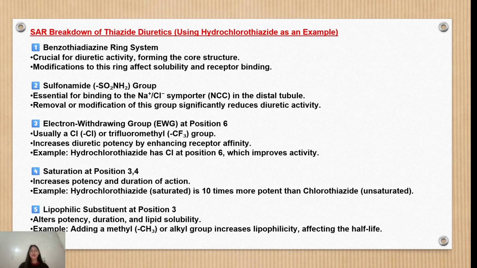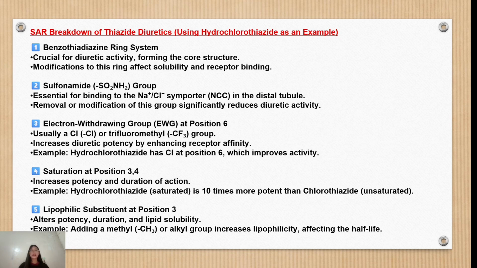Second is the sulfonamide group. It is essential for binding to the sodium chloride symporter or NCC in the distal tubule, and removal or modification of this group significantly reduces diuretic activity.